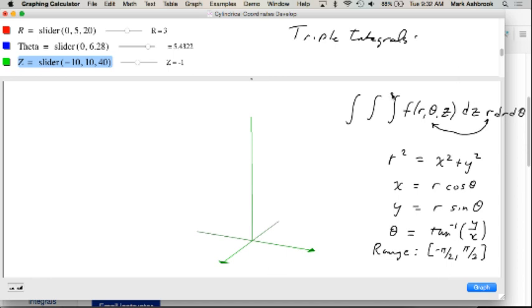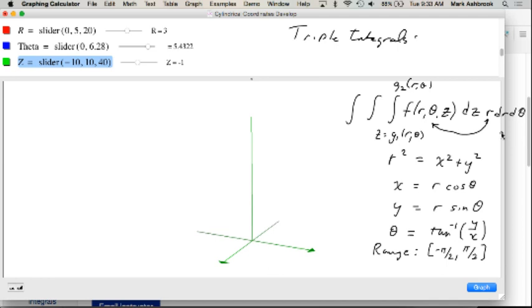And so then we're going to have our z as some function of, say, r and theta, and that's going to be bottom to top. And then what's dr? Dr is like outside or inside out, right?